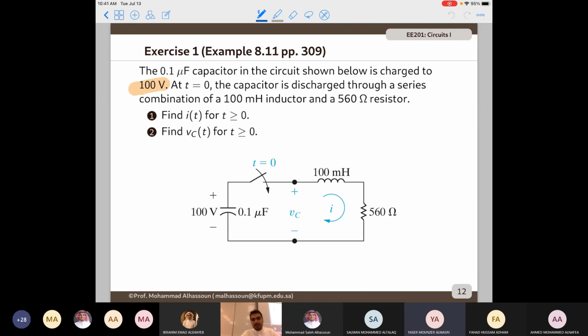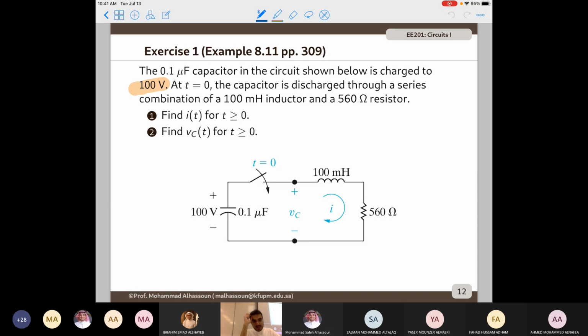Exactly. They will be in parallel, or in the same circuit. So the current is actually 0, right? Because the current has to be continuous and cannot change instantaneously. So the voltage drop across the 560 ohm will be 0, because the voltage drop across the 560 ohm is the current multiplied by the resistance.